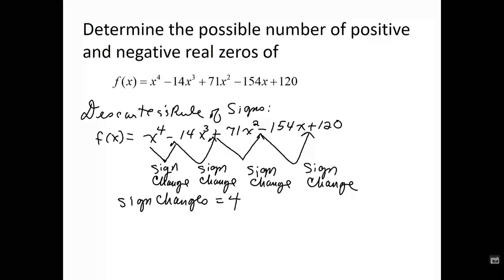So according to Descartes' rule of signs, the number of positive real zeros of the function is either the same as the number of sign changes.